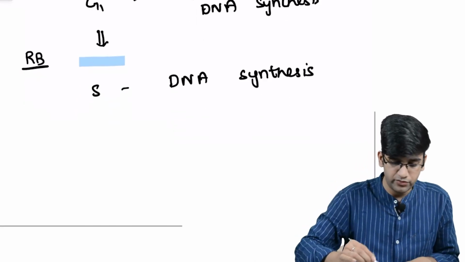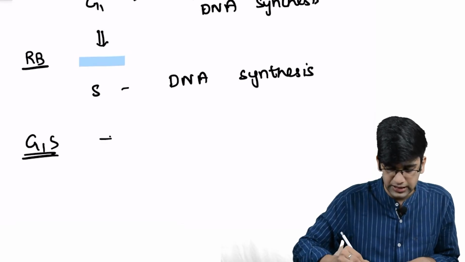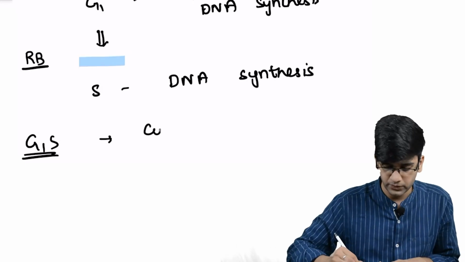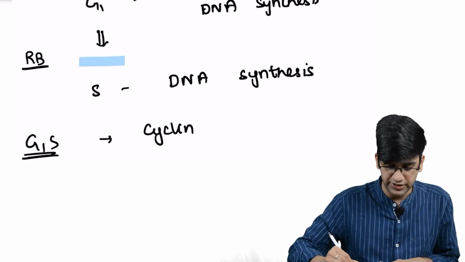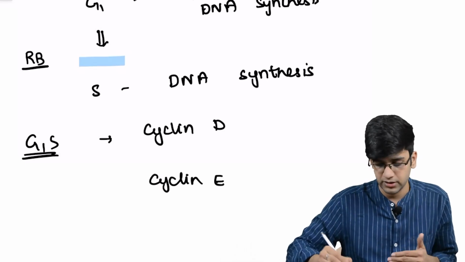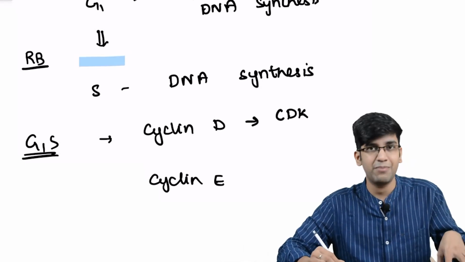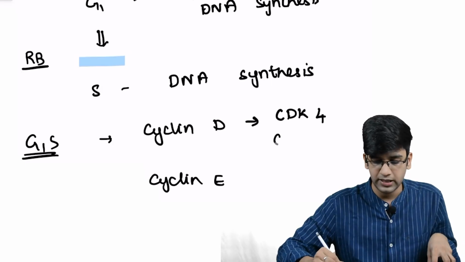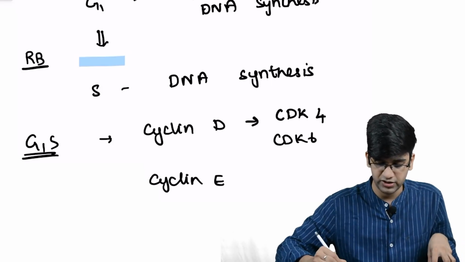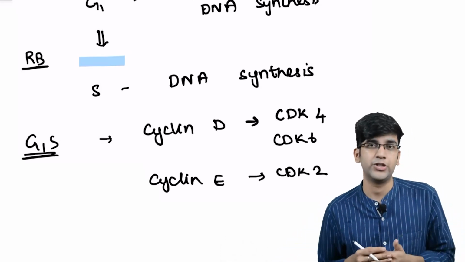For my cell to travel through the G1 and S phase, I need two cyclins, cyclin D and cyclin E. Cyclin D binds with cyclin dependent kinase 4 and cyclin dependent kinase 6, and cyclin E binds with cyclin dependent kinase 2. I require these two.